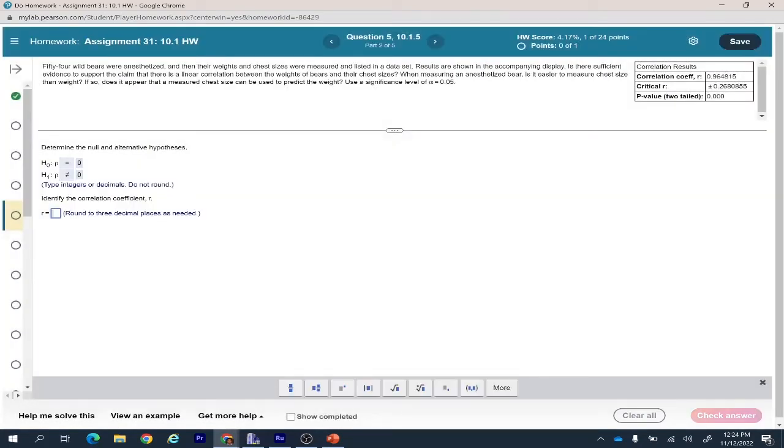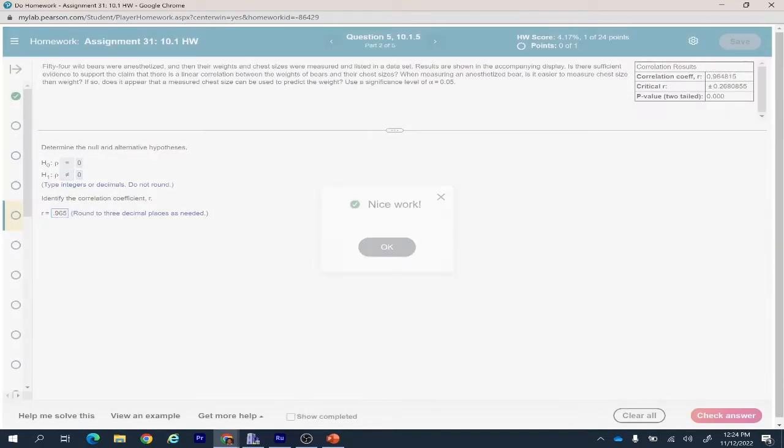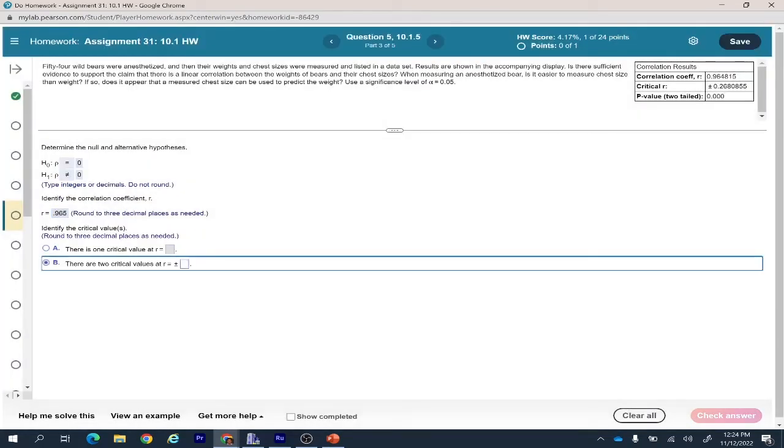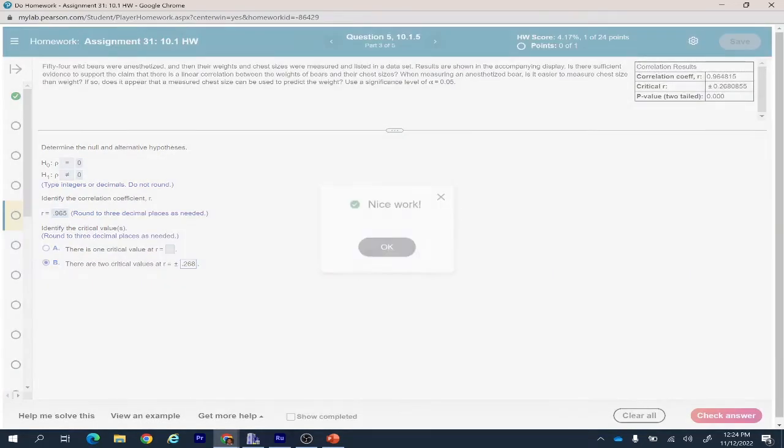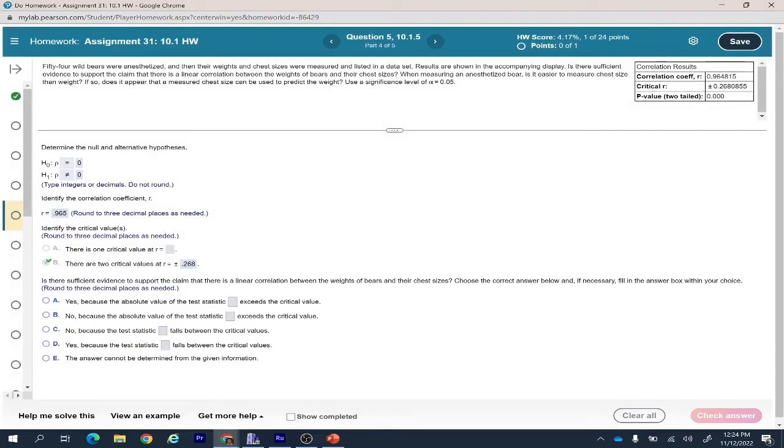And then the value of r is already given, which is 0.96. If you round it to 3 decimal places, it would be 0.965. And then there are two critical values of r, they are plus or minus 0.268 if you round to 3 decimal places. And then is there sufficient evidence to support the claim? If the absolute value of r, which in this case is 0.9648, is greater than the critical value, then the answer is yes.